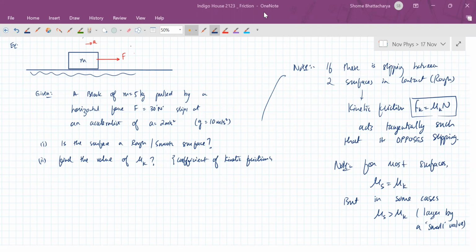Yes, that's correct. Very good. Siddharth, your answer is correct for coefficient of kinetic friction.